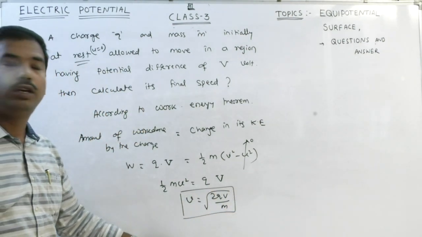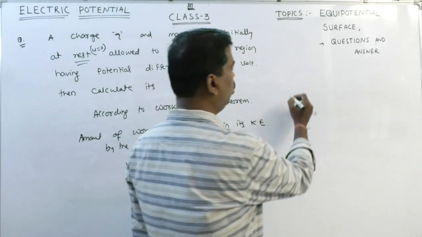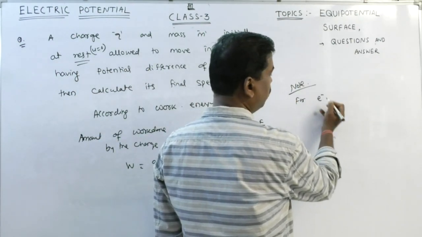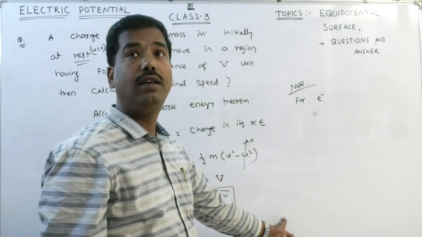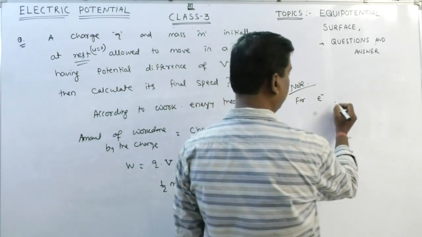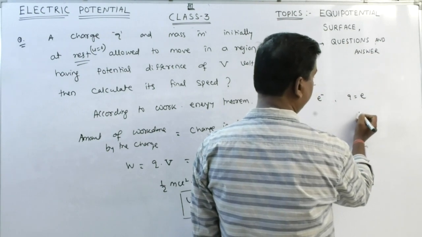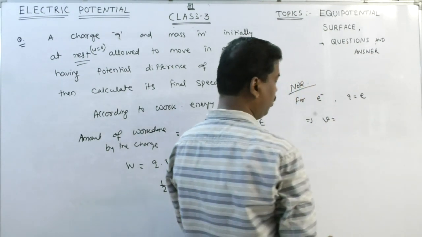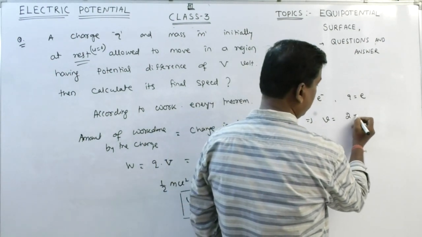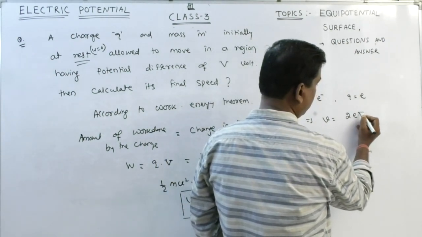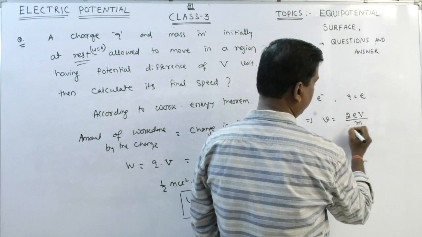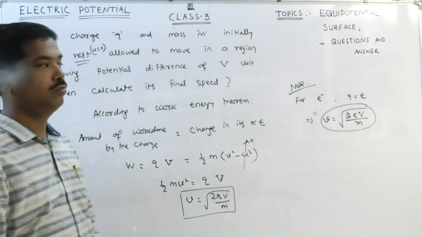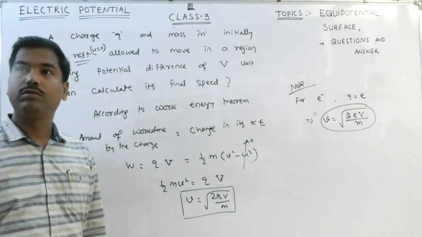If the charge is an electron, then q is equal to e, implies v is equal to square root of 2eV by m. Clear?